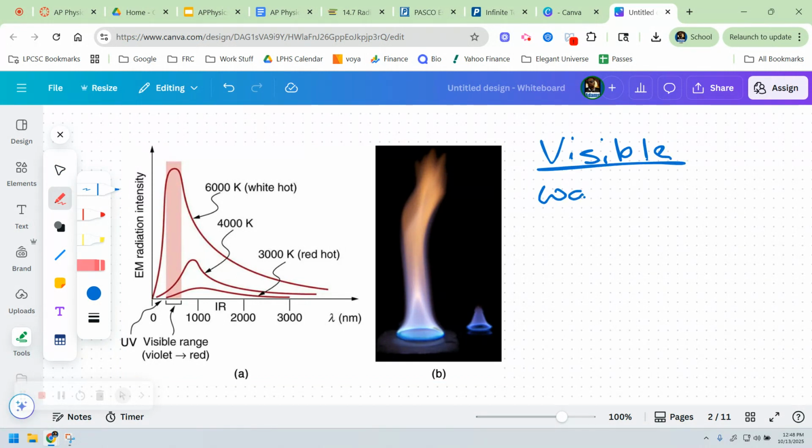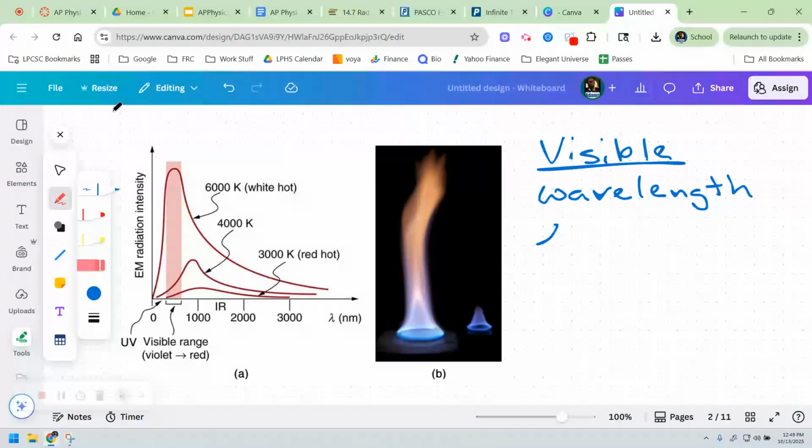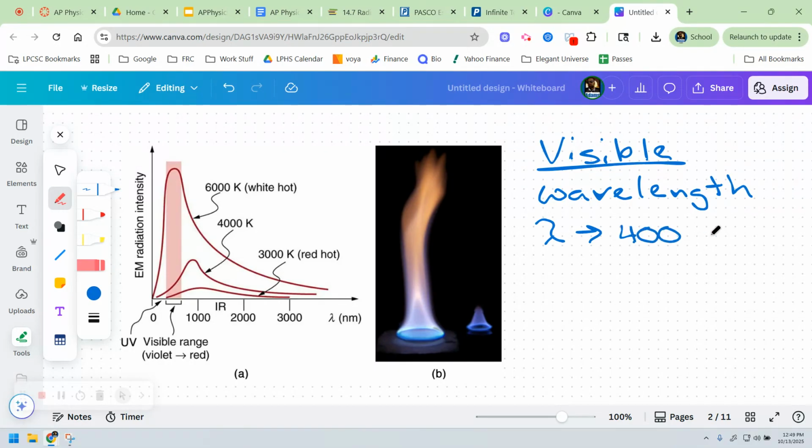The wavelength is always written with the Greek letter lambda, and it's in hundreds of nanometers. Lambda is a fun one to draw. I always do this little thing and then do this. And that goes anywhere from 400 to pretty close to 700. It's actually more like 650 or something like that, but just to keep you on the same page, it's around there. And that wavelength is in nanometers.